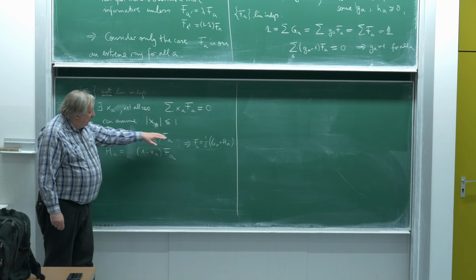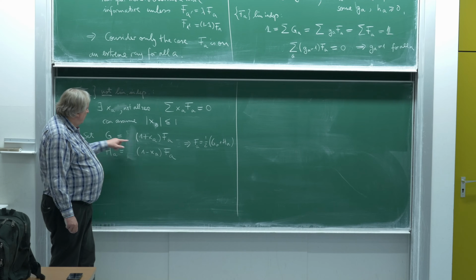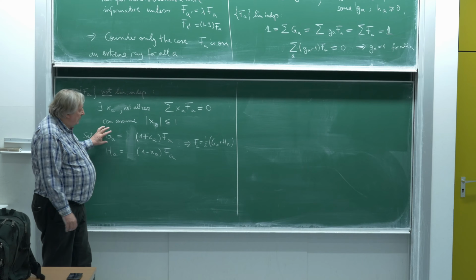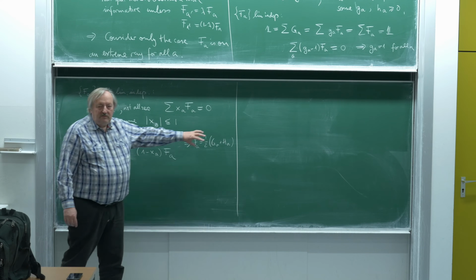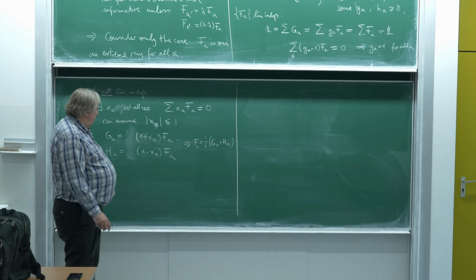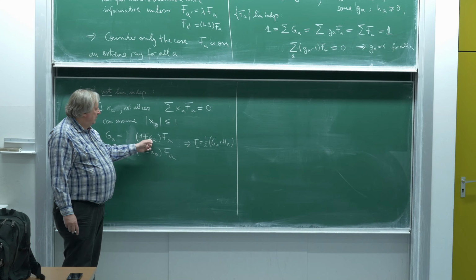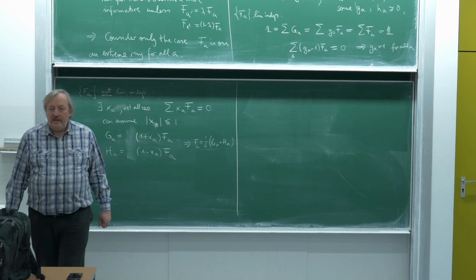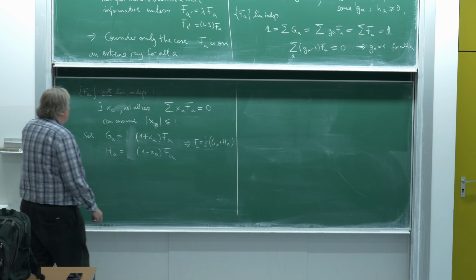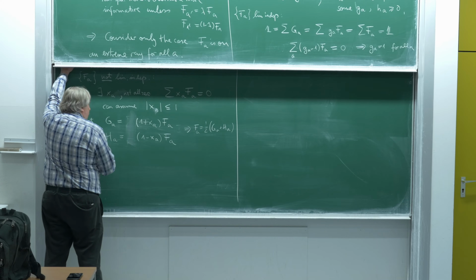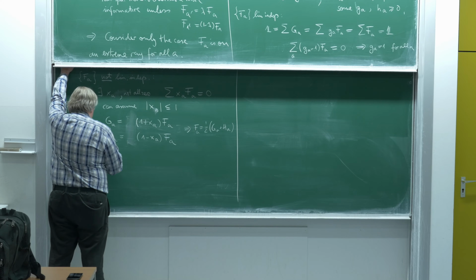Now, if you sum the whole thing, the normalization is also okay because this sum is 0. So these are good observables. They satisfy this condition, and they are not proportional to FA precisely because this is not a constant. Therefore we have a non-trivial decomposition, and it follows that F is not extremal.